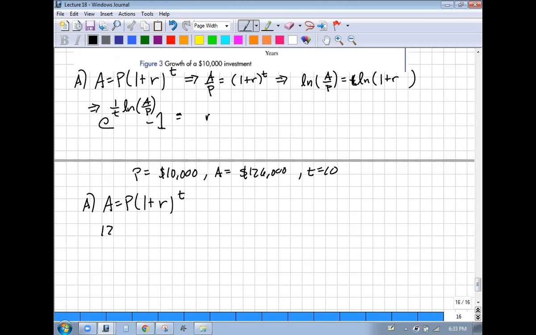We have 126,000 equals 10,000 times 1 plus R to the 10. So let's do this. Boom, we can immediately do that. So that would give us, boop, boop, boop. All right, so 126 divided by 10 is what? 12.6.